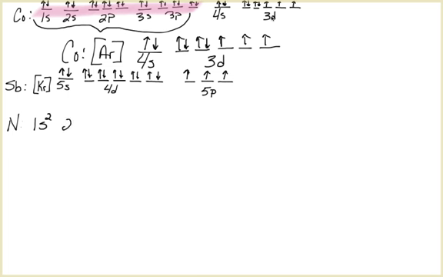We would then put 2s, because that's the next section we get to on our way to nitrogen, and we put a 2 because it's going to have 2 electrons in there. We then do 2p, and we see that nitrogen is the third over in the p block, so we would put a 3. And if we add those exponents up, we will get a total of 7 electrons, which is how many electrons nitrogen should have.